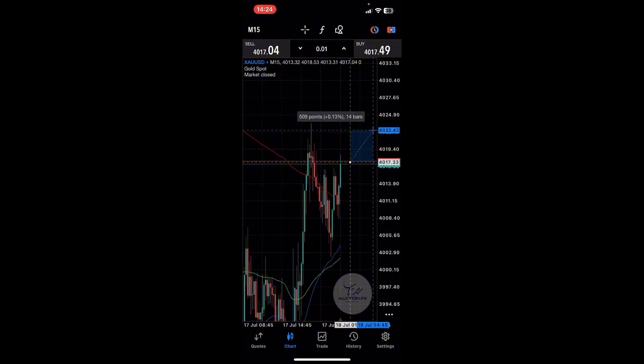This means that the market is running 50 pips in our direction, if you bought. So 4017 to 4018, 19, 20, 22 is 50 pips in profit. Okay, so this is how to calculate pips using price movement in the XAUSD MT5 platform.